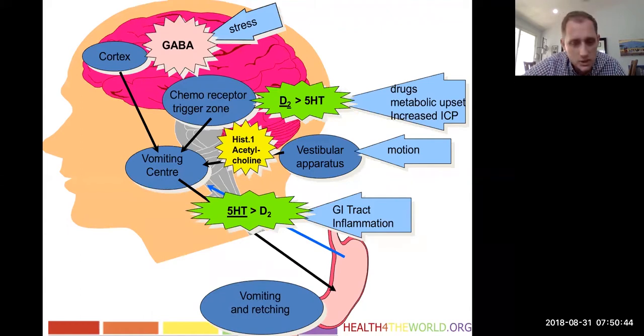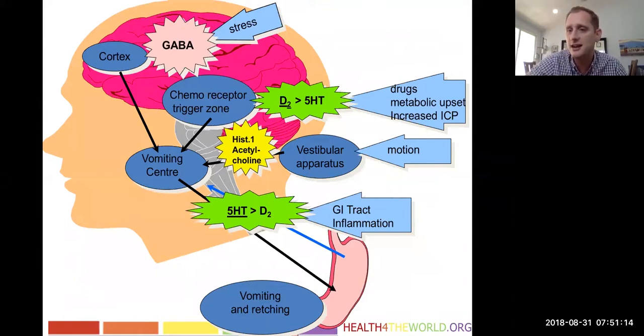So dopaminergic receptors are really what can cause the chemoreceptor trigger zone to become activated. After that, there's also a little bit of serotonin. When we say 5-HT, we're referring to serotonin. When we think about the vestibular apparatus, that's more histamine, so antihistamines will be more helpful with that. And then finally, in GI tract inflammation, mainly we're talking about serotonin, but also a component of dopamine. So we'll clarify this and then talk about the medications.